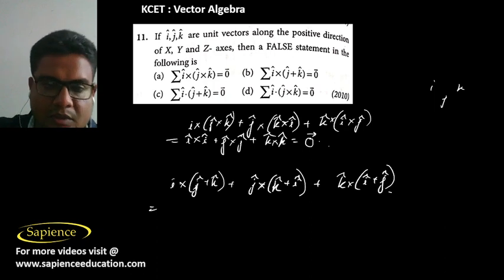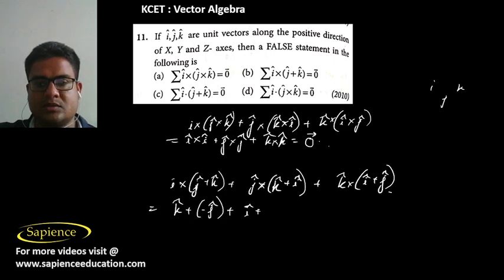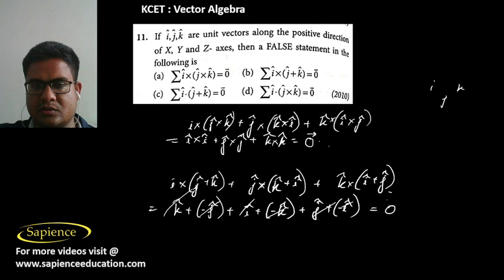This will be equal to i cross j, that is k, plus i cross k, that is minus j, plus j cross k is i, plus j cross i, that is minus k, plus k cross i is j, plus k cross j is minus i. i will cancel, k will cancel, j and j will cancel. So this is also 0 vector.